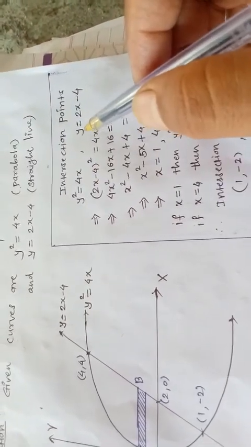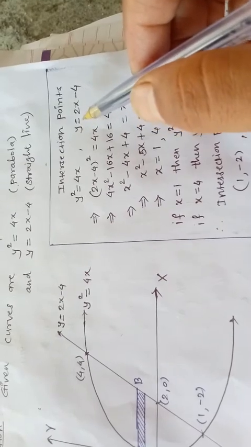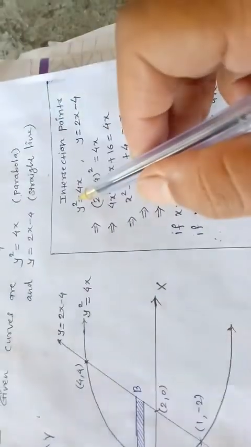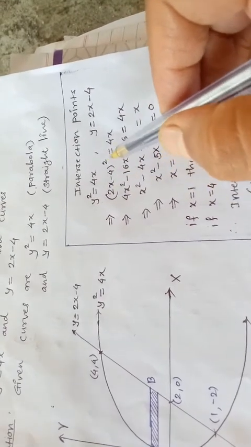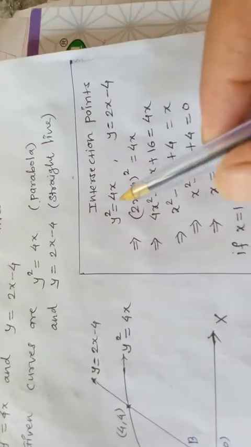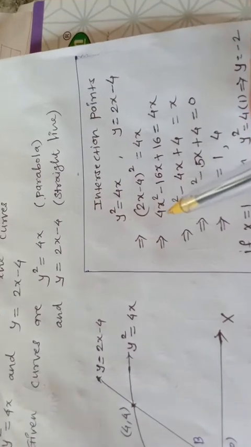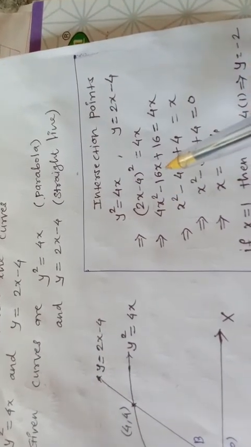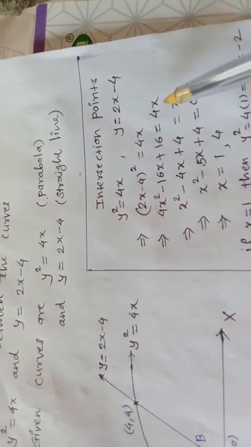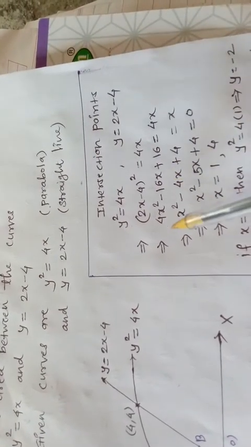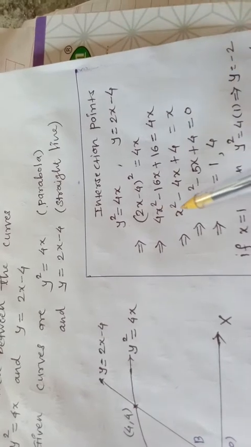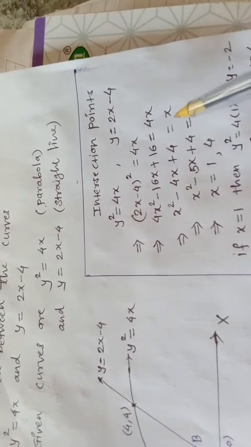I am putting the value of y from the second equation into equation 1, that is (2x minus 4) whole square equals 4x. Now after taking the square of this bracket, we get 4x square minus 16x plus 16 equals 4x. After dividing the whole equation by 4, we get x square minus 4x plus 4 equals x.